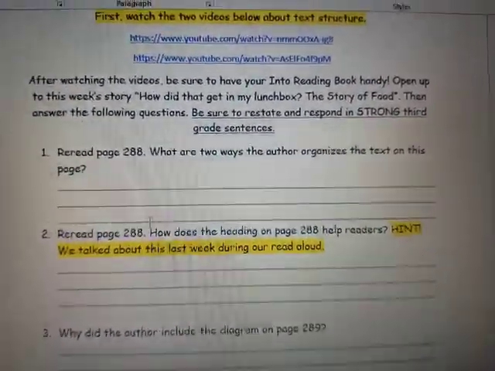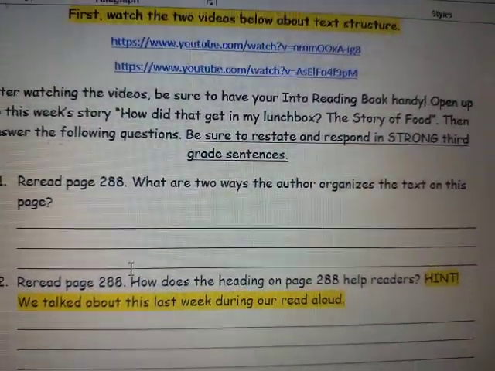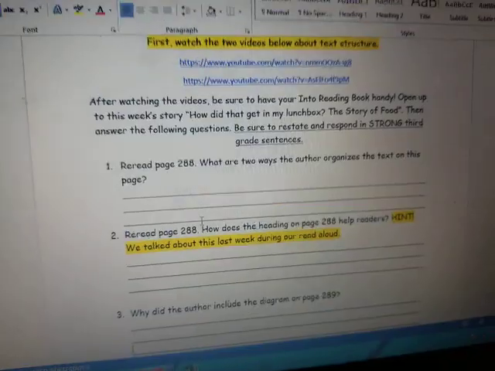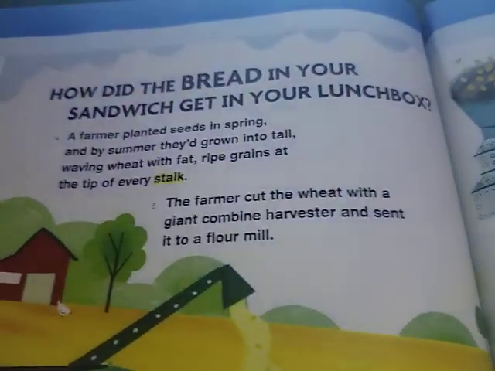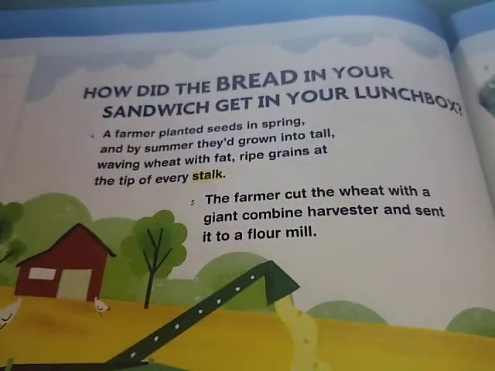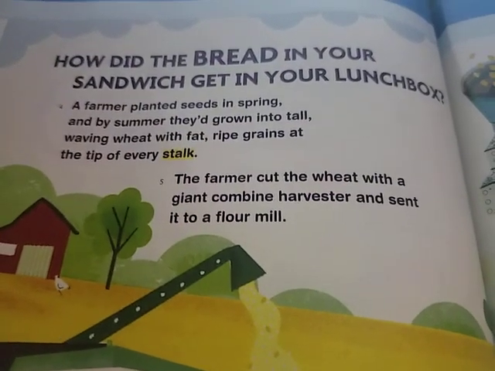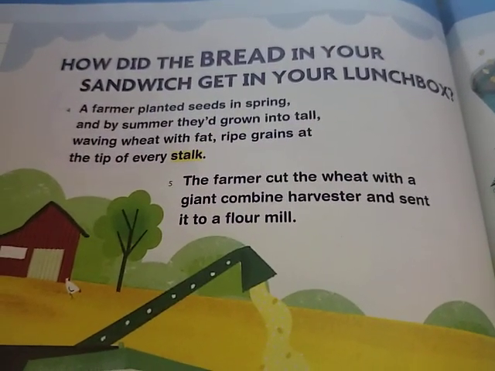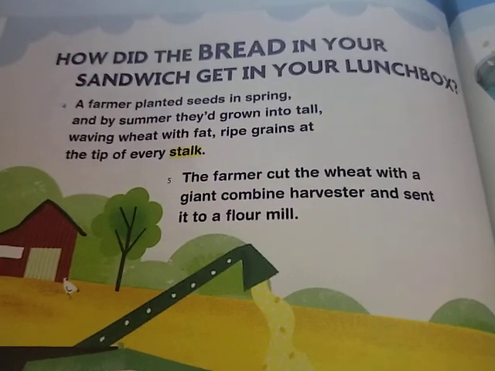So we're going to figure out what the text structure is for page 288 only. So I have my book next to me, and I turn to page 288. I'll read this section to you, and then you have to tell me what the text structure is. How did the bread in your sandwich get in your lunchbox?